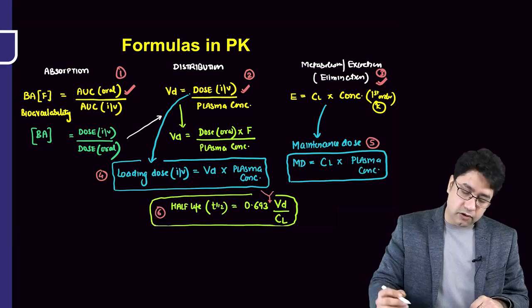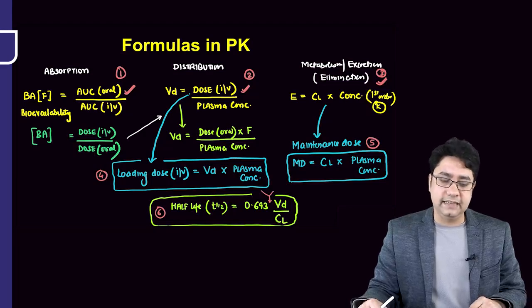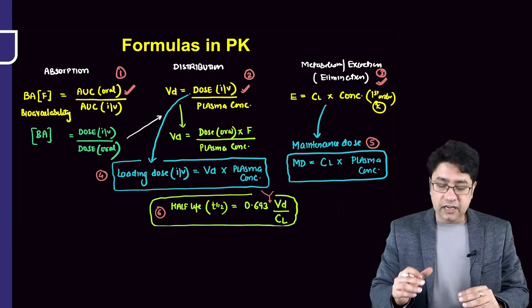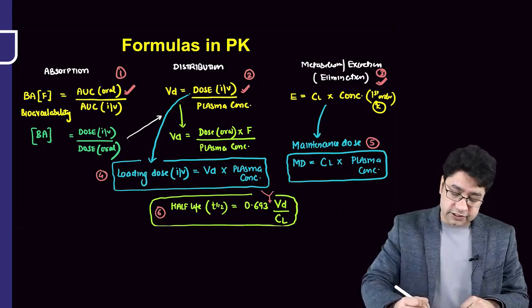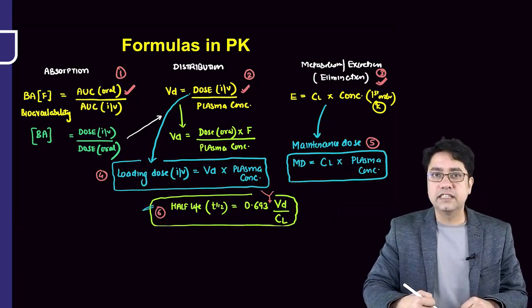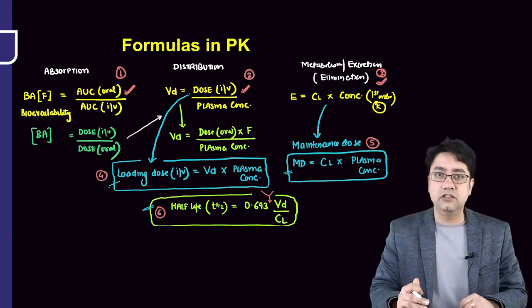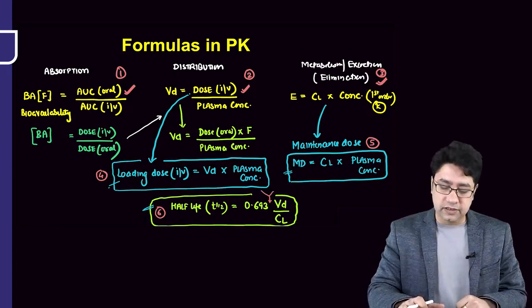So these are the formulas we have to remember in pharmacokinetics. Okay? Now, we have not discussed till now three things. First is half-life. We are going to discuss in detail. What is this loading dose? What is this maintenance dose in greater detail? So let's start first with half-life of a drug.